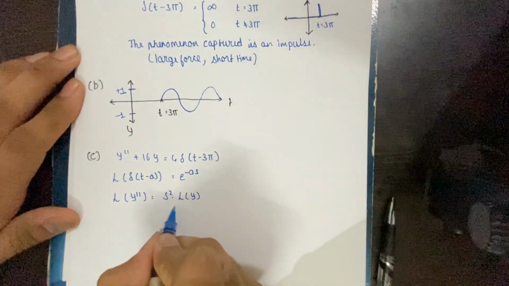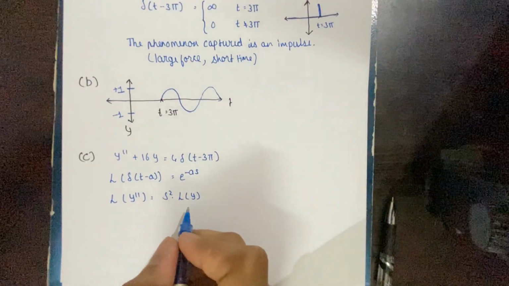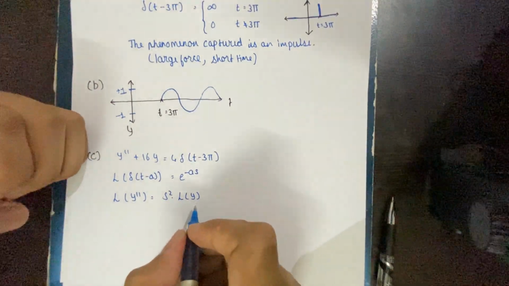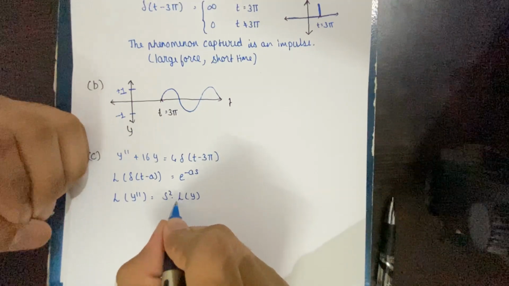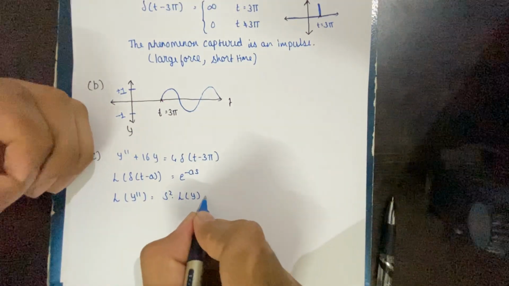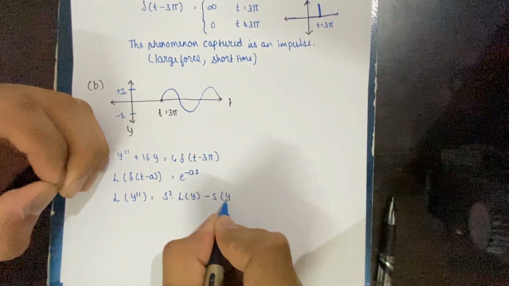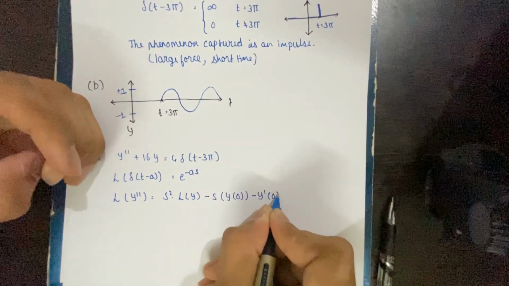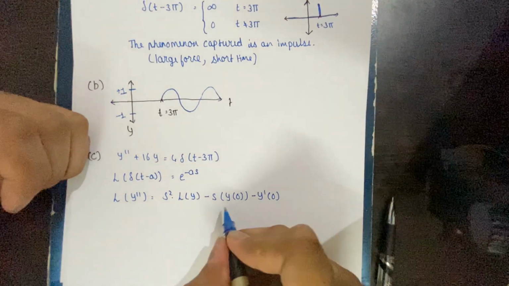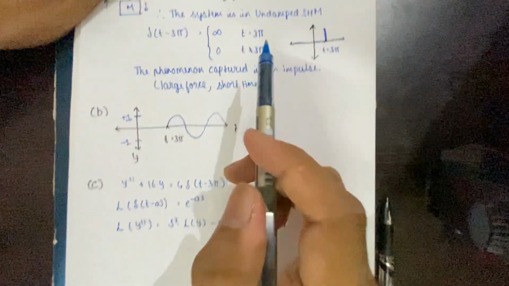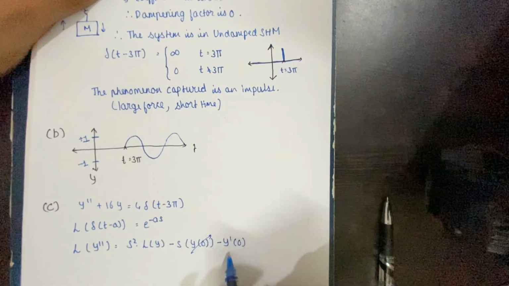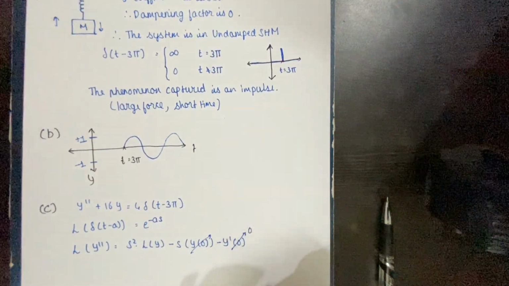I'm not going to assume Laplace of y as another variable, it's just going to lengthen the process. So I'll be assuming this as L of y directly, minus s times y of 0 minus y dash of 0, and as we mentioned over here, they both are 0. Cool.